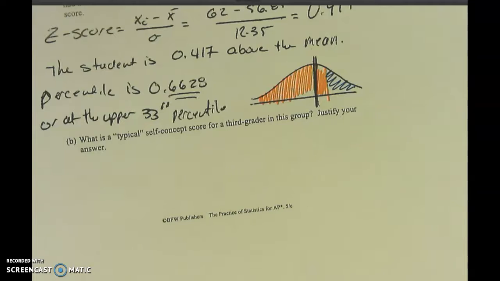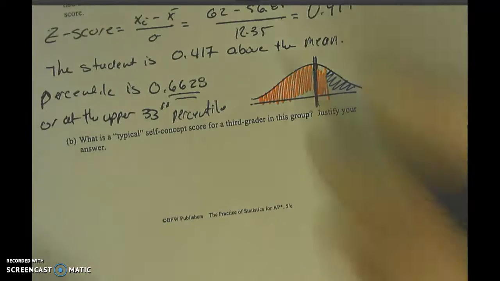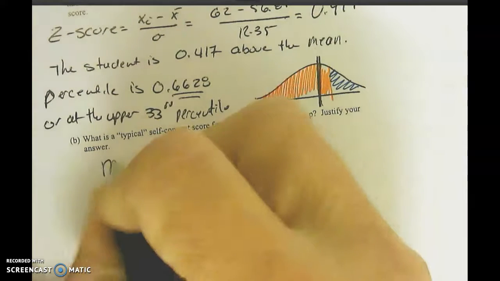He was like point something below with our z-score. Okay. What is going to be the typical score? What should be our typical score? Not the mean, because what's wrong with the mean? It can be skewed. So we want to use which one? Median.